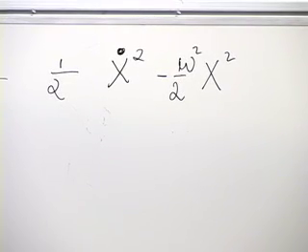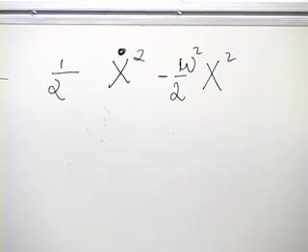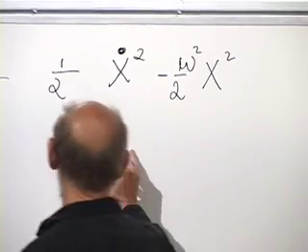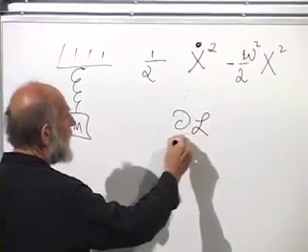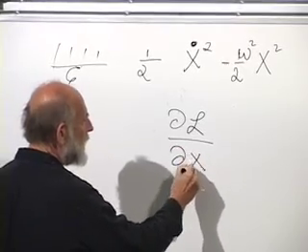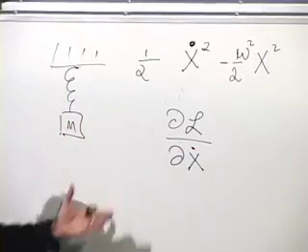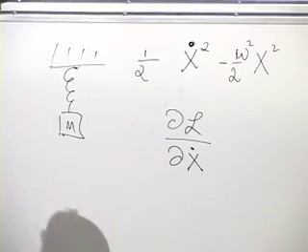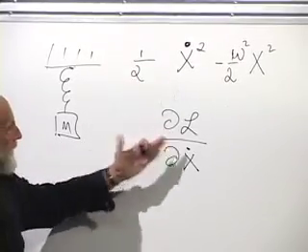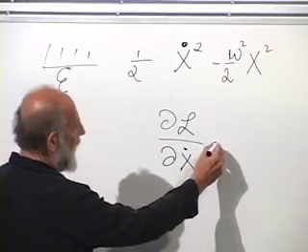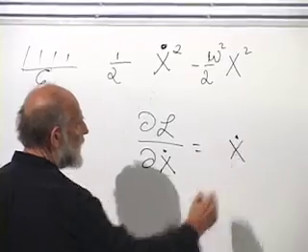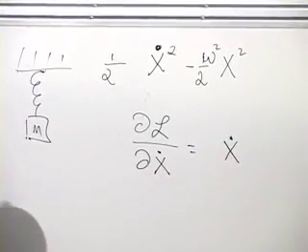Let's very quickly work out the equations of motion. Remember what we do? We take the partial derivative of the Lagrangian with respect to x dot. That has a name. It's the canonical momentum conjugate to x. The partial of L with respect to x dot is just equal to x dot in this case. No mass, because I've set the mass equal to 1.